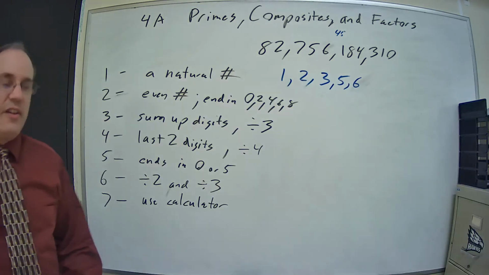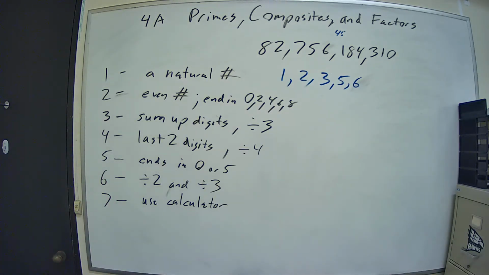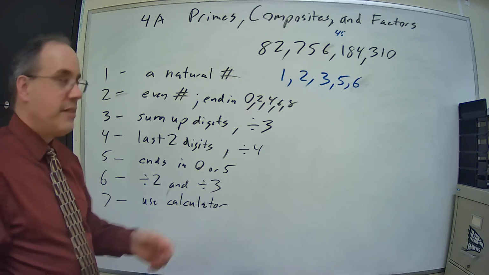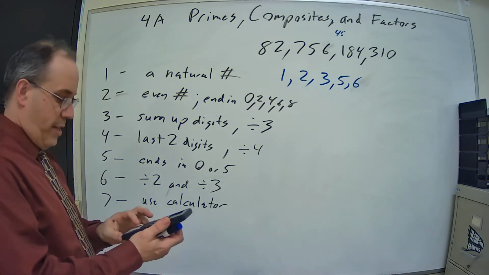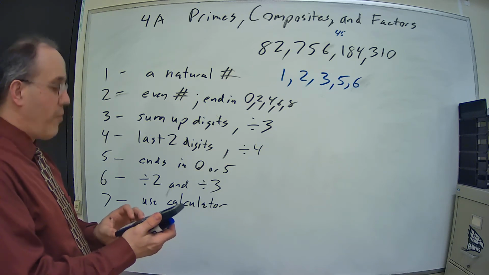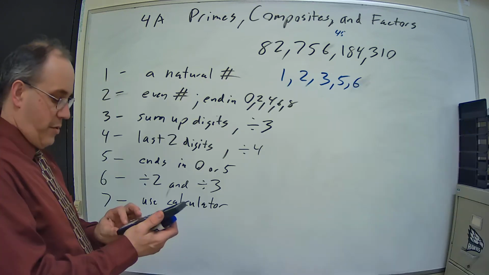Use a calculator. Divide by 7 and see what happens. If you get a whole number as the result, then it's divisible by 7. So I've got 8, 2, 7, 5, 6, 1, 8, 4, 3, 1, 0.